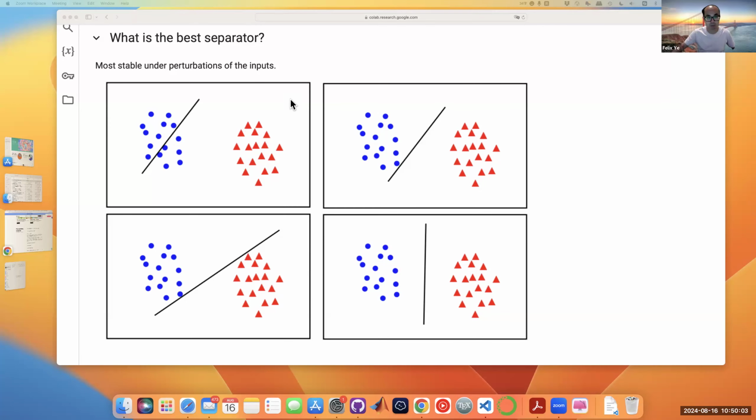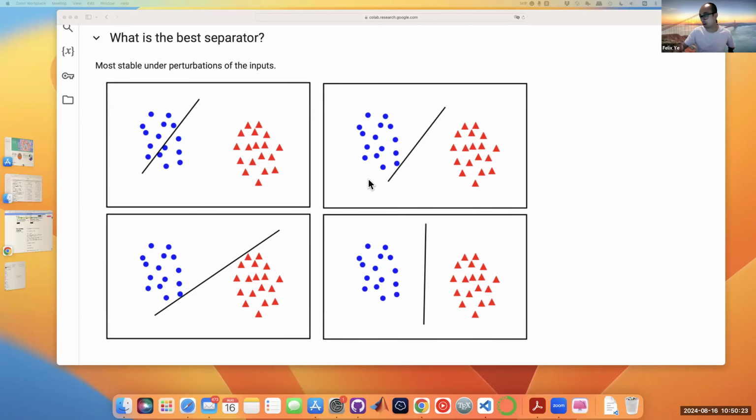Obviously the first one is really bad because it doesn't even perfectly separate the blue and the red, so we get rid of it. But the second, third, and fourth all perfectly separate the blue points and the red points.